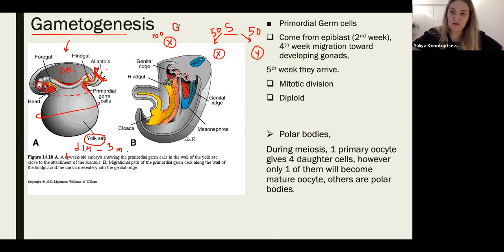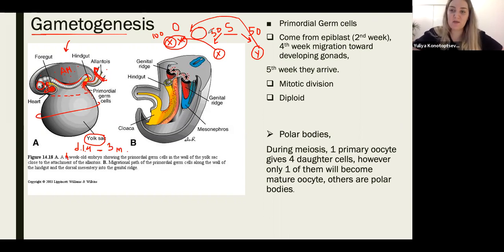Because as you can see, for oocytes, all of them are X. If spermatozoa carries X as well, and it fertilizes your oocyte, you have a diploid cell, which is now carrying two X's. This is a future girl. If spermatozoa carries Y chromosome and it fertilizes your oocyte, now you have a male because it has X from the oocyte and Y from the spermatozoa.